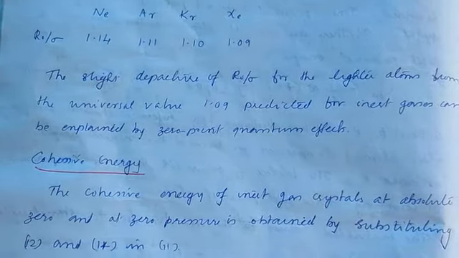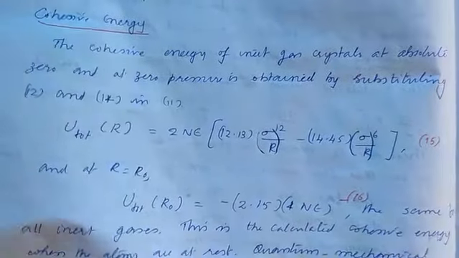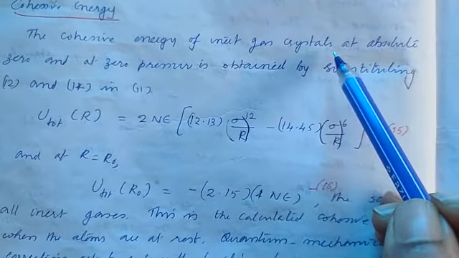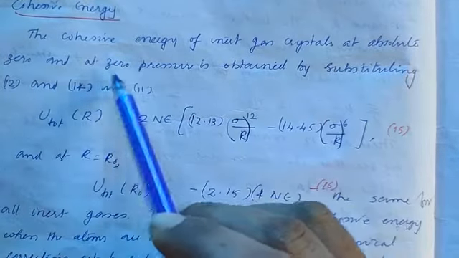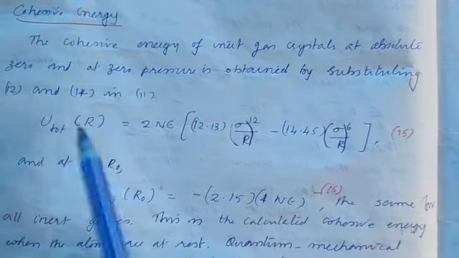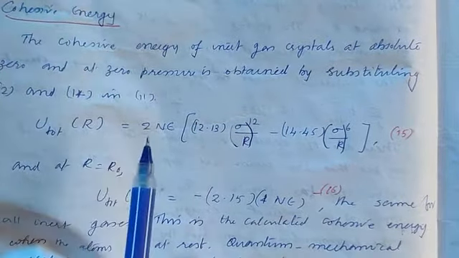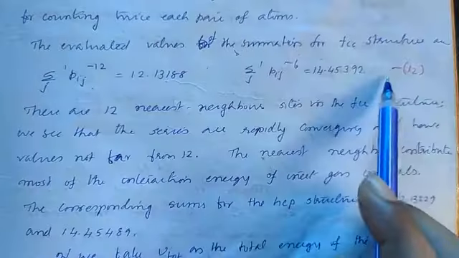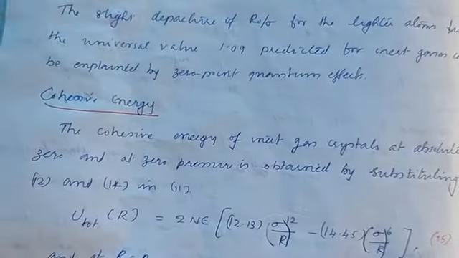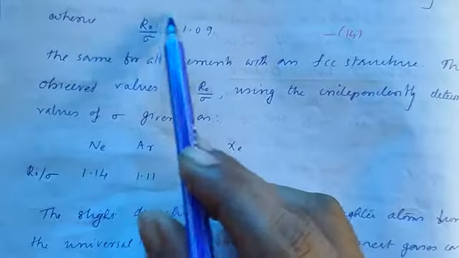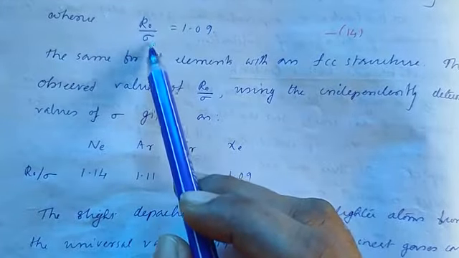Okay. So now we will discuss the cohesive energy. The cohesive energy of inert gas crystals at absolute zero and at zero pressure is obtained by substituting 12.13 and 14.45 in equation 11. 12.13 is the summation value, and 1.09 is the value of r0 by sigma, that is the equilibrium value.